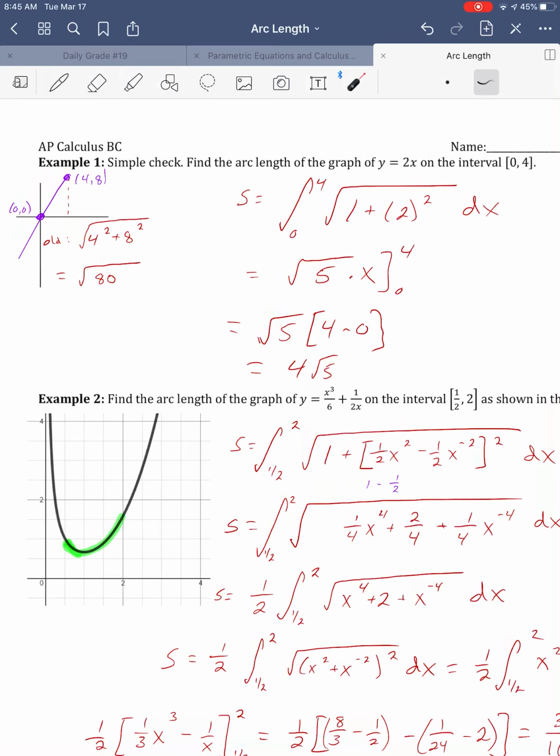Square that, and you get the square root of 5. That's just a constant, so I took it out front. Antiderivative of 1 would be an x. Plug in 4 and 0, you get 4 square roots of 5. These are the same things. You can simplify your radical. 80 is a factor of 16 times 5, square root of 16 is 4. So it seems to work.